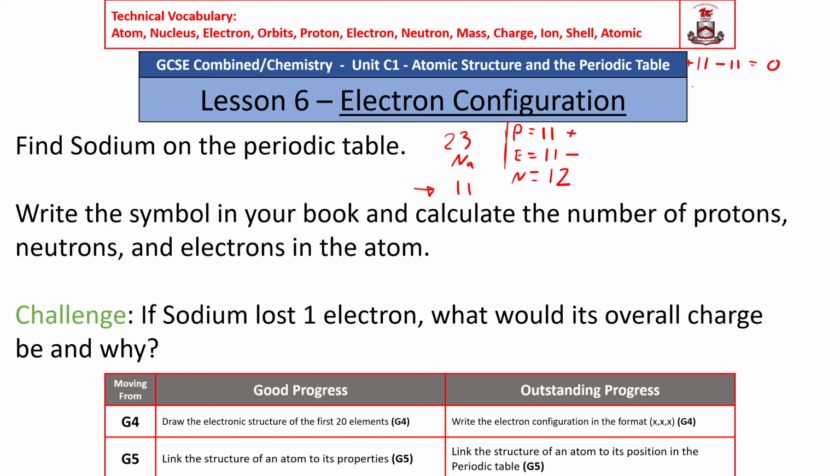Well, I'd have +11 protons, as in my charge of 1 proton is +1, so the charge of 11 protons is +11. But I've only got 10 electrons, so my overall charge would be +1. We call this an ion because now, overall, this has a charge.